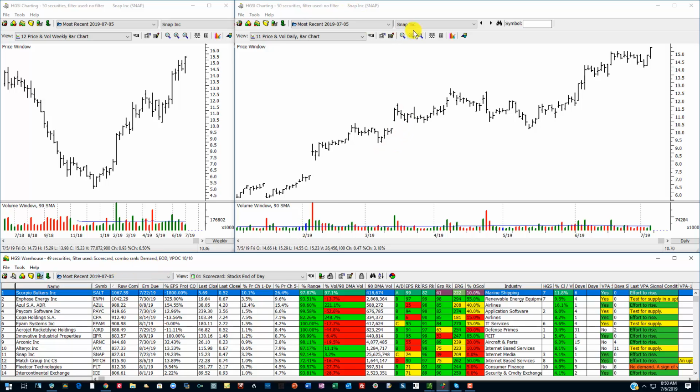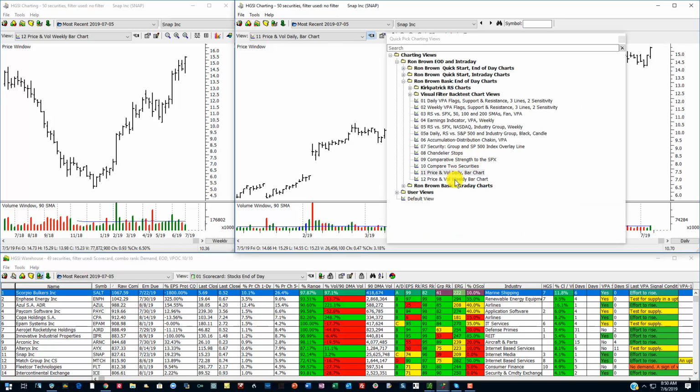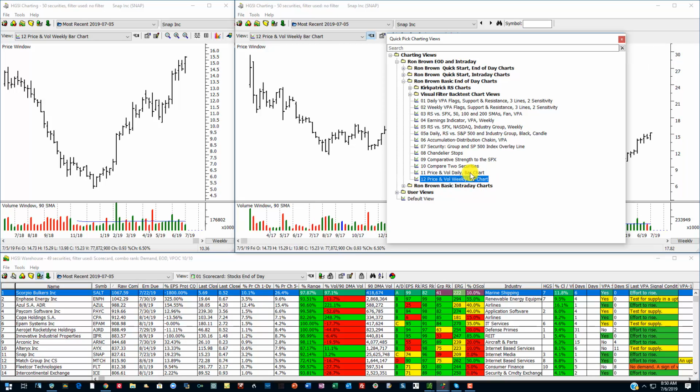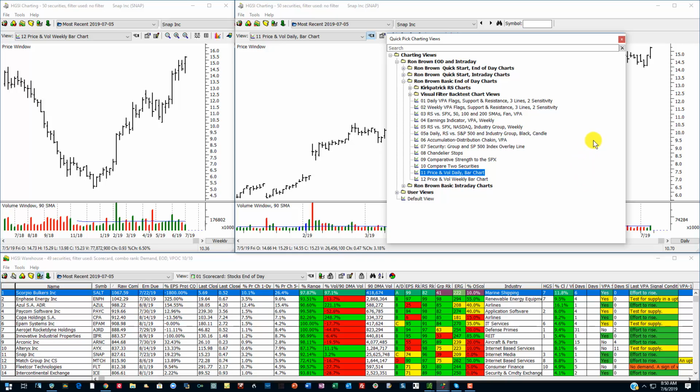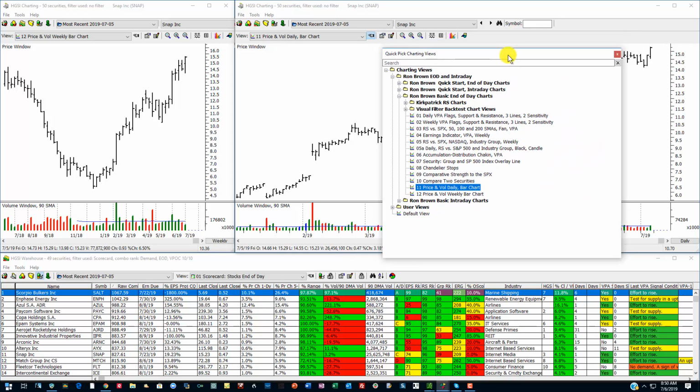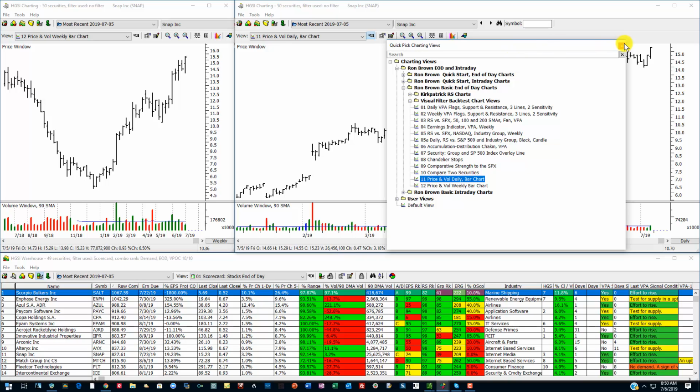Now I am using these two charts under Ron Brown end of day charts, and they're also under the intraday charts. There are two bar charts. One's a daily chart, one's a weekly chart. And this is what I'm beginning with, and I think you'll see why.